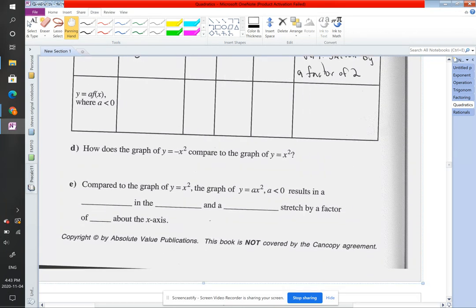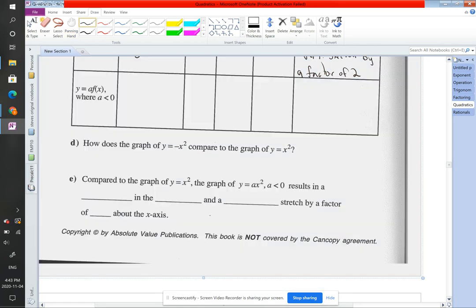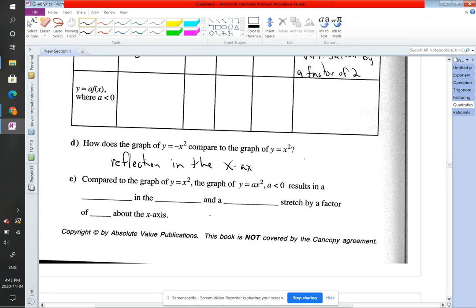How does the graph of y is equal to negative x squared compare to the graph of y is equal to x squared? Well, it's a reflection. When it's negative, it's a reflection in the x-axis. It flips.